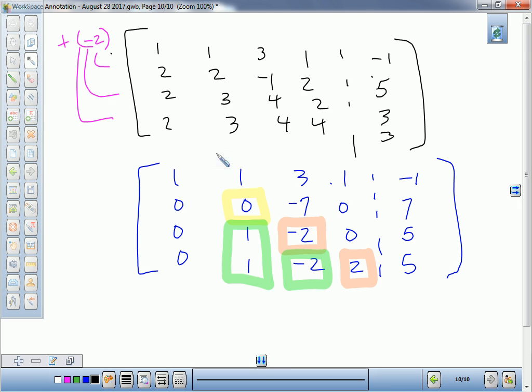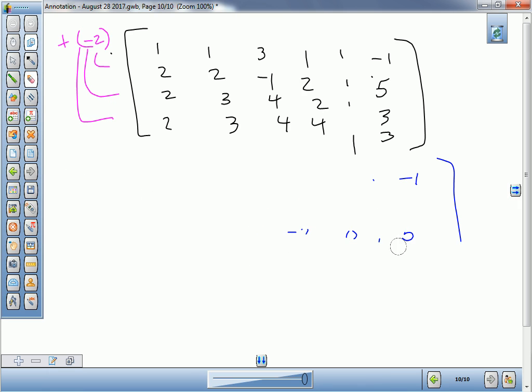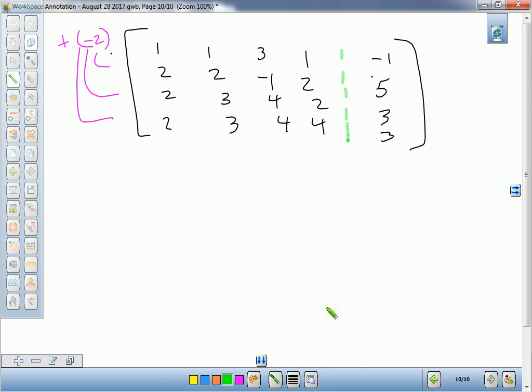So 5 thirds times 0 doesn't change that 1. 5 thirds times 1 is 5 thirds, plus a negative 5 thirds is 0. 5 thirds times 1 is 5 thirds, plus 1 third makes 6 thirds. And what is 6 thirds? 2. So now I know z is 1, y is 2.